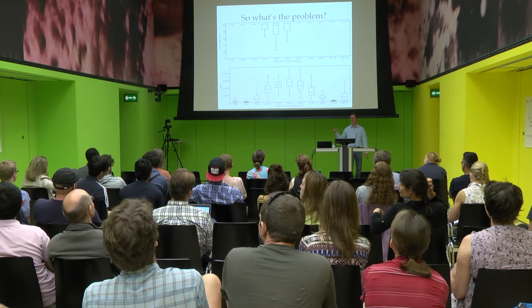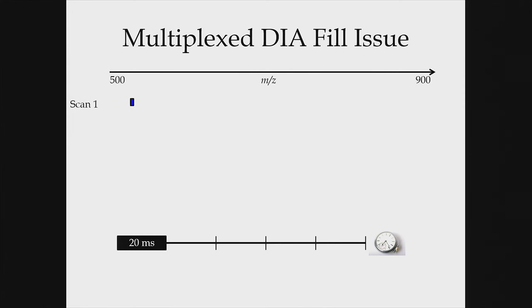That's a fantastic question, and that is in fact the reason why in practice I haven't been doing a ton of MSX, because as you mentioned, each one of these windows is filled one at a time. Let's say we've decided to do 100 milliseconds of inject time.